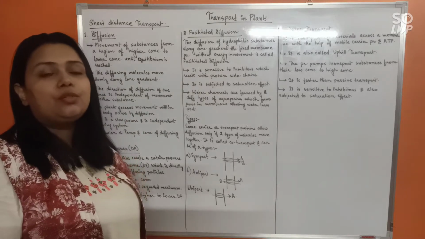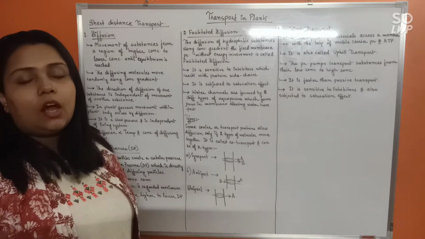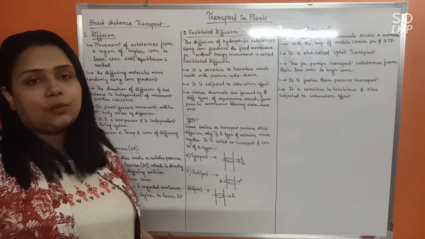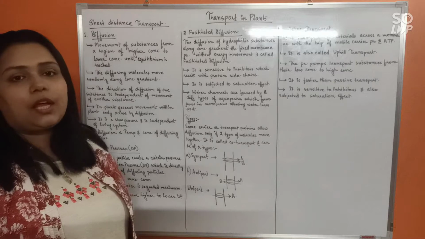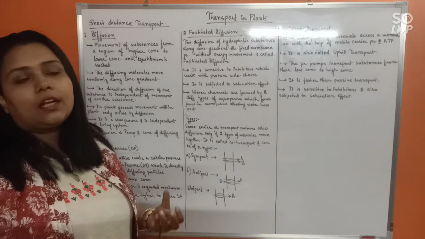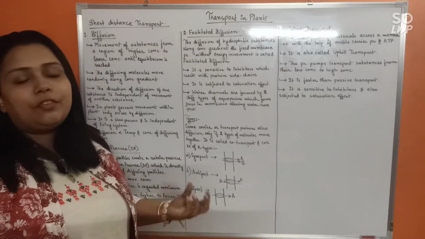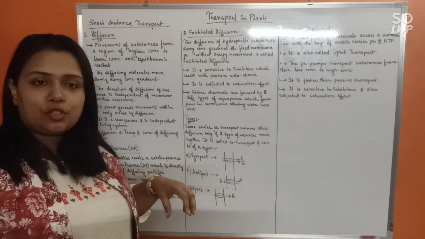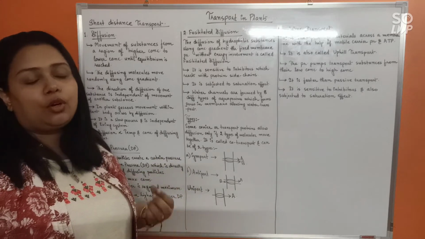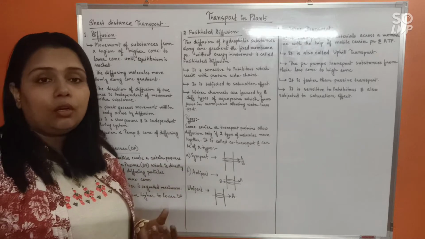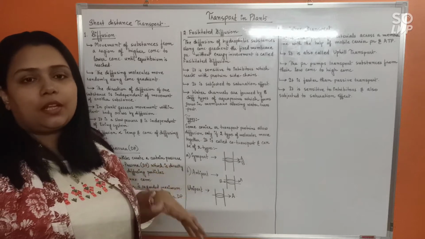Now, this is very important. Do remember, in diffusion, there is no need for a membrane to be present or for a living cell to be present. Diffusion is a process which can occur inside as well as outside of the cell. Suppose you take a cup of tea and you put a sugar cube there. All right. At first the sugar cube will be positioned at one site in the cup, but eventually, as the sugar cube dissolves, you will find that the tea becomes equally sweet everywhere.